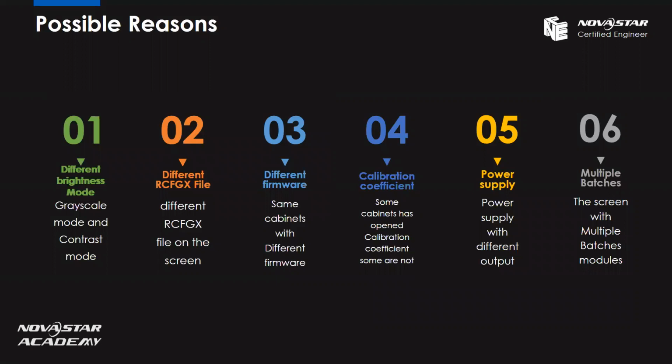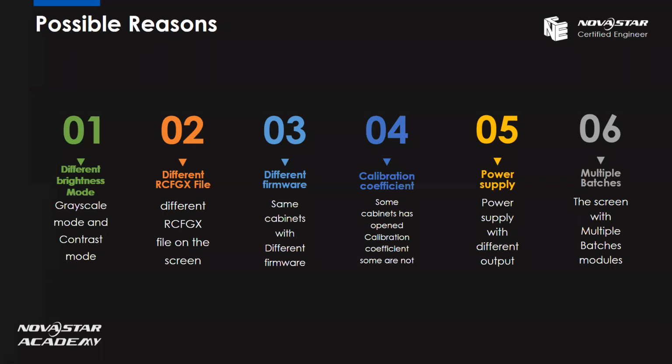Here are the possible reasons for different brightness. The first one is different brightness mode. As we all know, our newest version of software LCT now supports two brightness modes. One is grayscale mode, and the other is contrast mode. These two different modes will cause different brightness for cabinets.